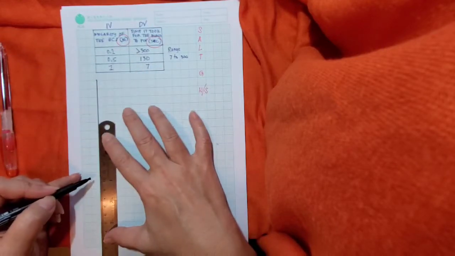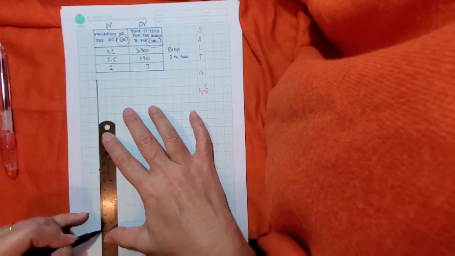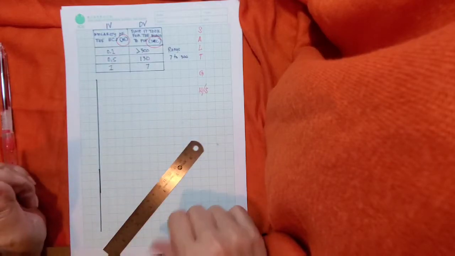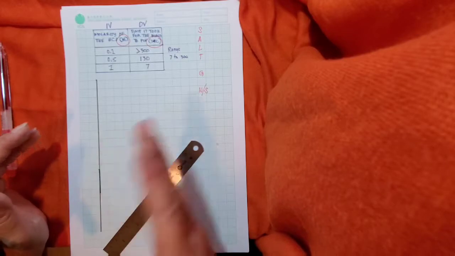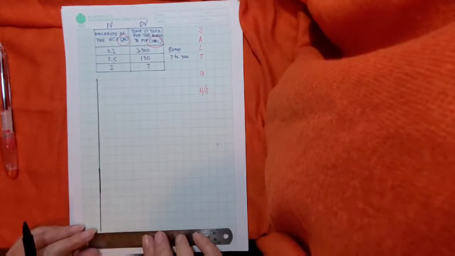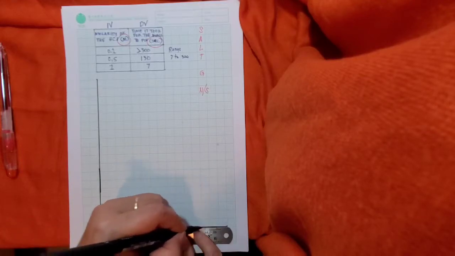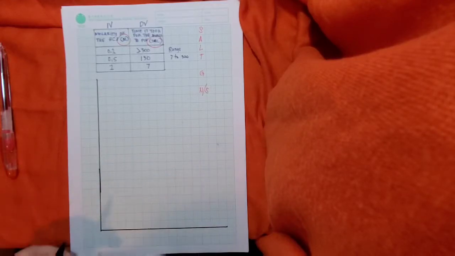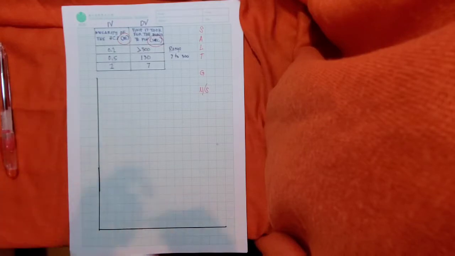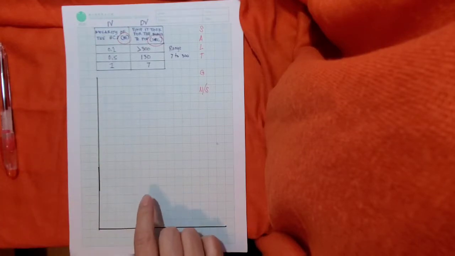So there you go. I'm using my ruler. Now, when you do this on your own, you need pencil. I'm just doing it with pen so that you can see it clearly on the video. And I will do my best not to make any oopsie mistakes. So there you have it. I have my x and y axis.